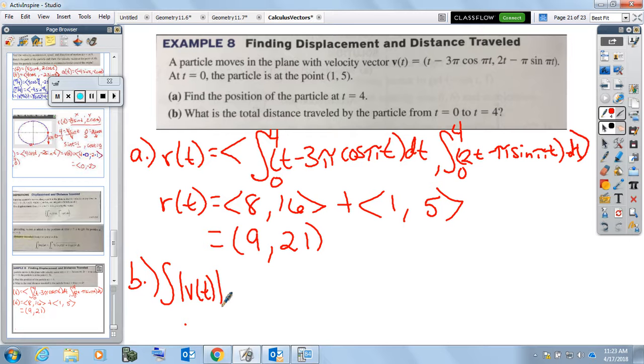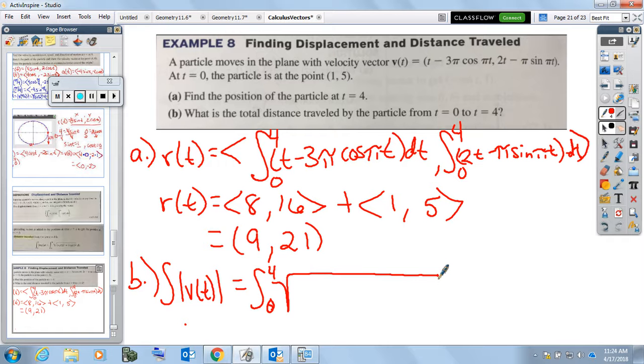Well, let's take a look here. I want to go ahead and find the integral, once again from 0 to 4, of our distance formula. So I'm looking at the magnitude of velocity, right?